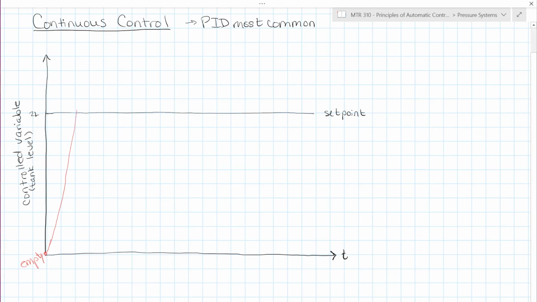And I'm going to get there, but then I'm going to turn it off, and I'm going to overshoot a bit. And so gradually, I will stop overshooting as much and I'll balance out.